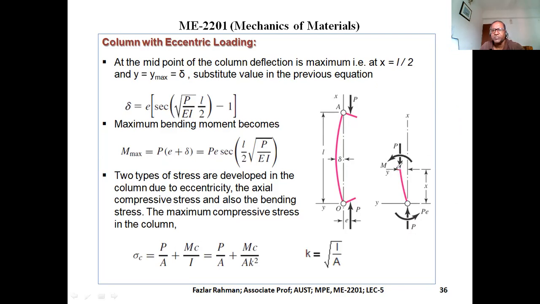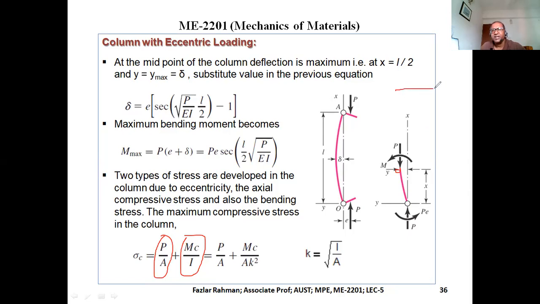So how much will be the maximum stress at the point where we cut the column? Our compressive stress will be P by A, and bending stress sigma equals MC over I. And remember, this C is not the end condition.